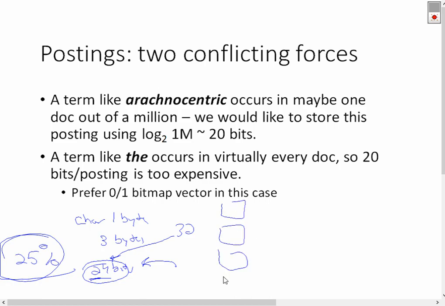As long as I get to the right group, I don't need as much information in that posting list. Maybe I have the A group, the B group, the C group, the D group, and so on. But again, these are strategies to dramatically reduce the amount of space that the posting files are using.